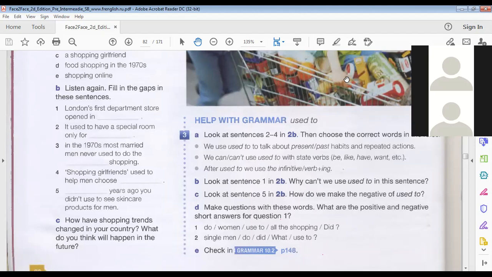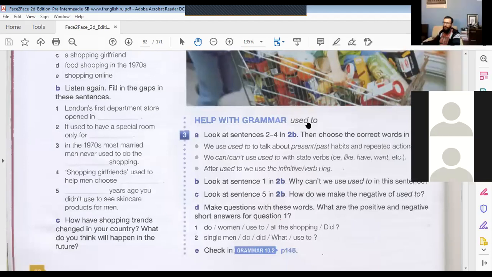So for example, you can say people used to travel by horses. Here we're talking about things people did that they don't do anymore. This is the whole point of used to. We talked about this rule, and about the similarities and differences between used to and the past simple. Because in the past simple, you can also talk about past habits.